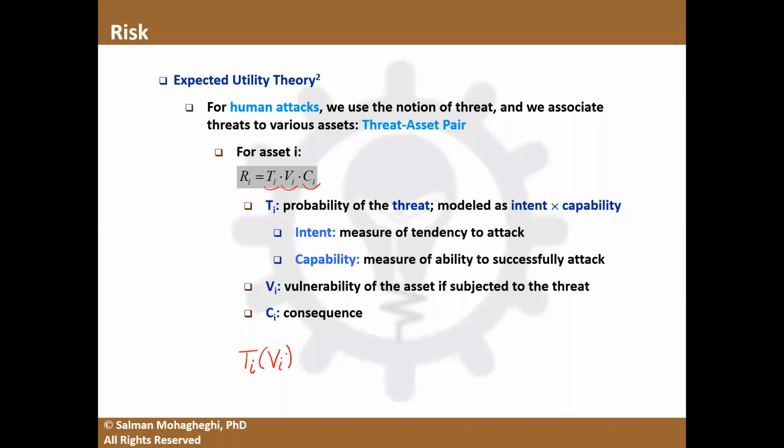So some people consider it that way, but of course, if we consider threat to be a function of vulnerability, it would make the system more complicated. We'll talk more about this later when we come back to our discussion on terrorist attacks and how we can model it, how we can mitigate it.